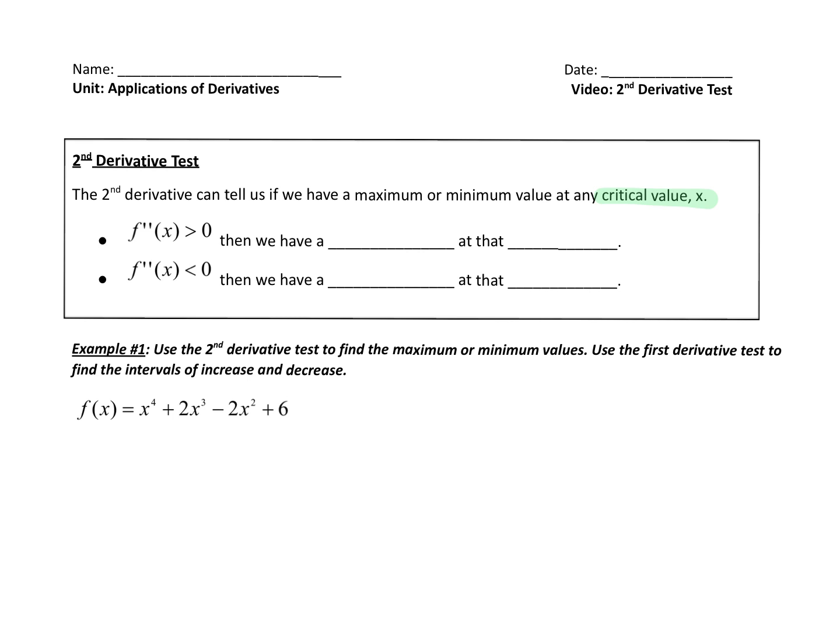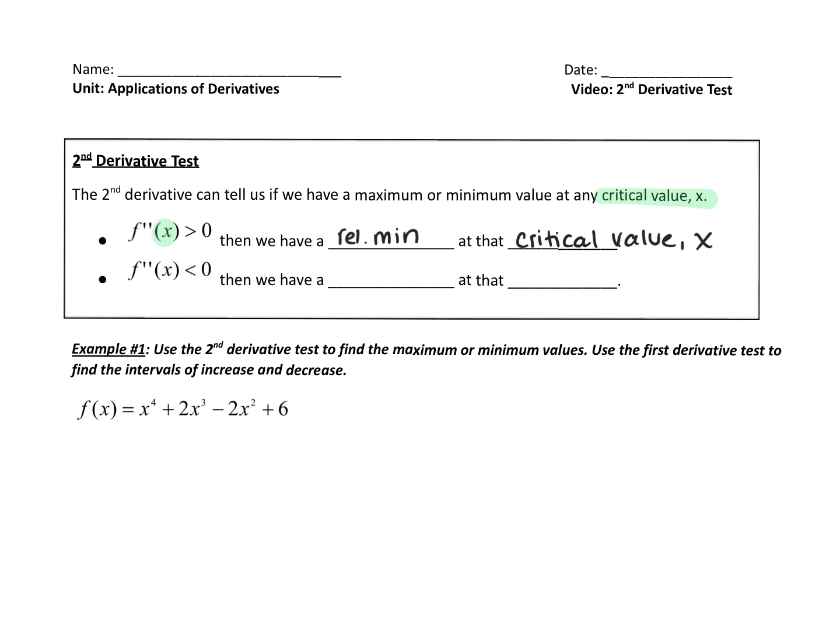What the theorem states is that if you take the double derivative, or the second derivative, of the critical value, and that value is greater than 0, then we have a relative minimum at that critical value x.